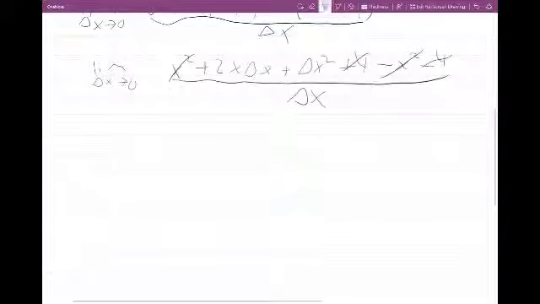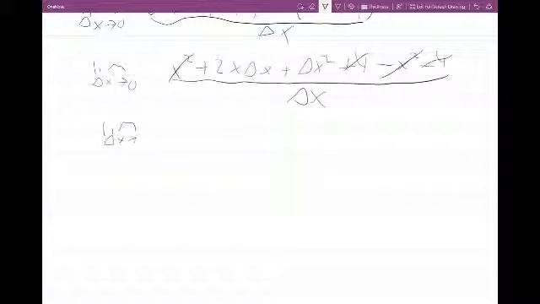You're left with the limit as delta x approaches 0 of 2x delta x plus delta x squared all over delta x.